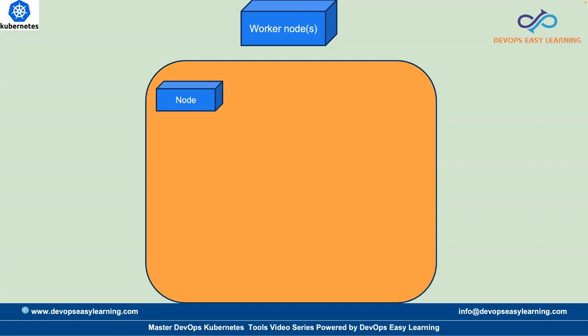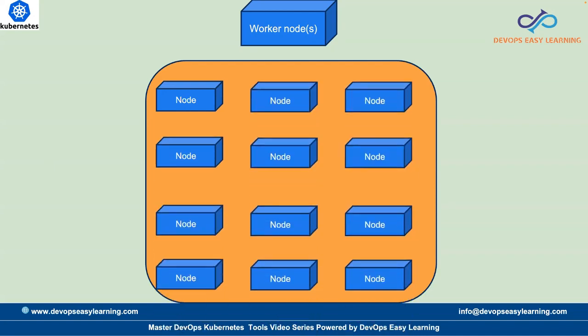And depending on the workload, meaning the number of applications consuming your cluster, you can have 2 nodes, or 3, or 4, or maybe more. It just depends on the use case. And you can even go up to 5,000 nodes if you want.